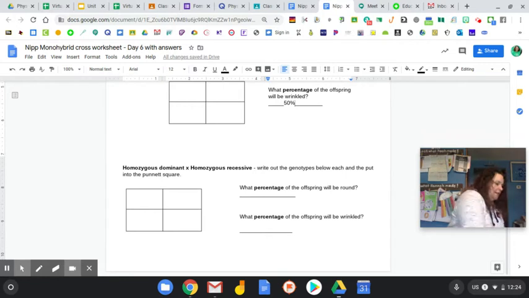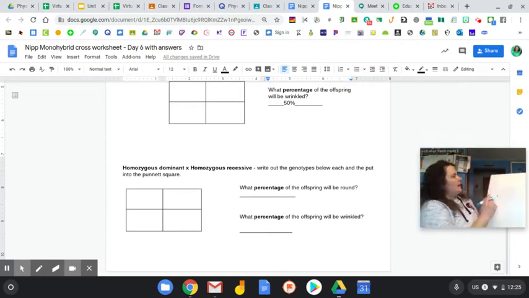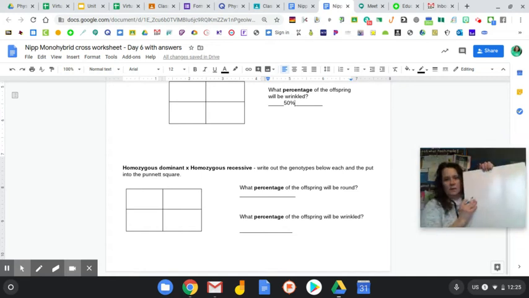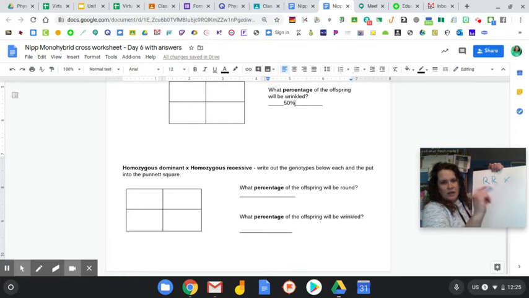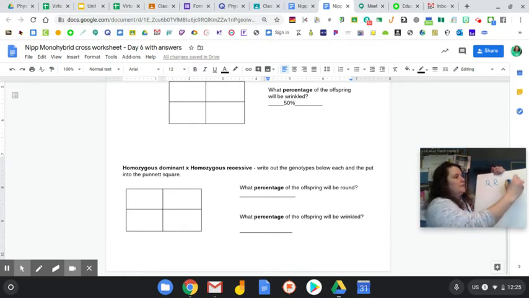Next one, homozygous dominant with a homozygous recessive. Homozygous dominant, what is that going to be? Again, homozygous, both same size letter, and dominant, they're the uppercase letters. So big R crossed with a homozygous recessive, little r. And then when we plug that in, it's a big R right there.